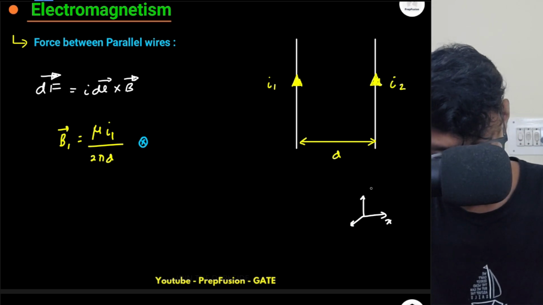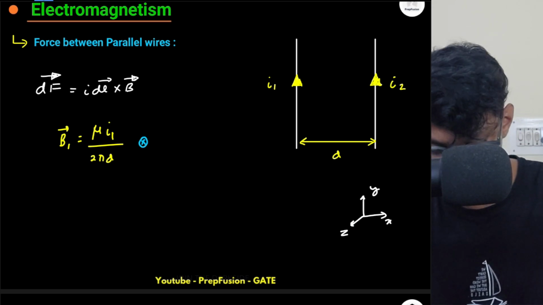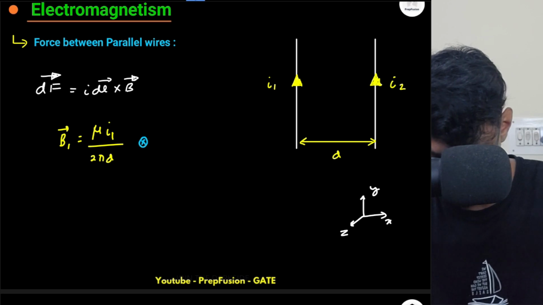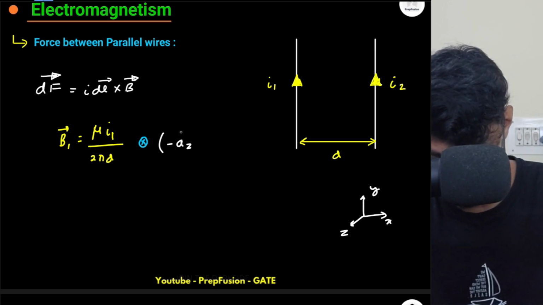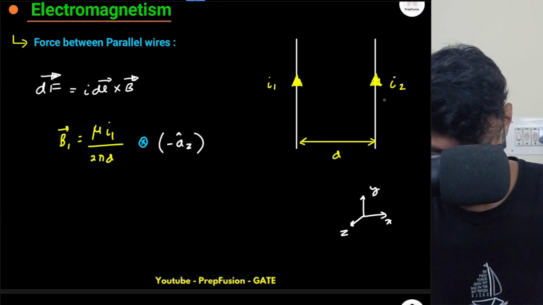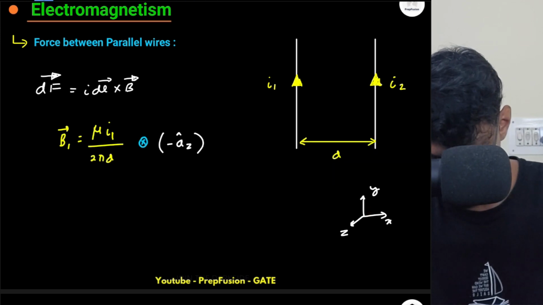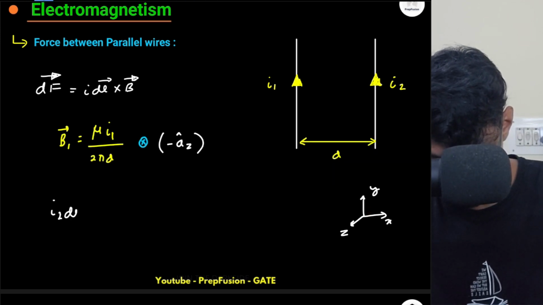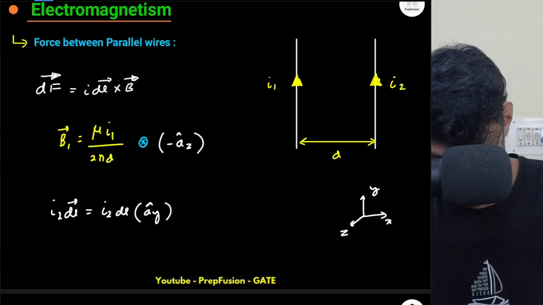Let's assume this as x, this as y, this as z. If it is inwards, this will be in the minus az cap direction, and I2 is in the plus ay cap direction. So I can write the small current element I2 dL as I2 dL in the ay cap direction.